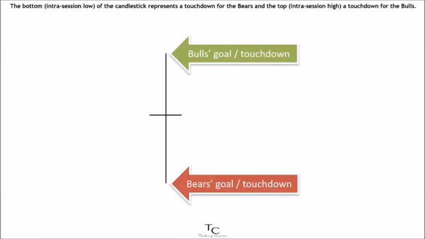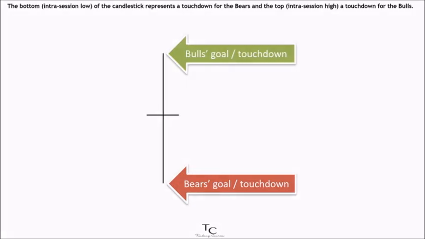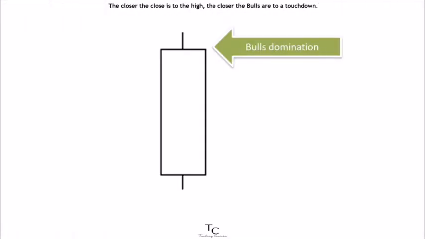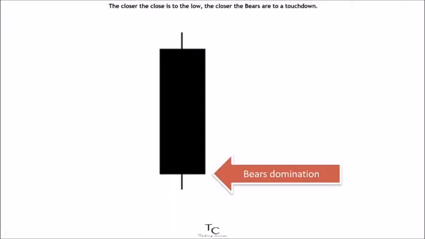The bottom, intra-session low, of the candlestick represents a touchdown for the bears and the top, intra-session high, a touchdown for the bulls. The closer the close is to the high, the closer the bulls are to a touchdown. The closer the close is to the low, the closer the bears are to a touchdown.